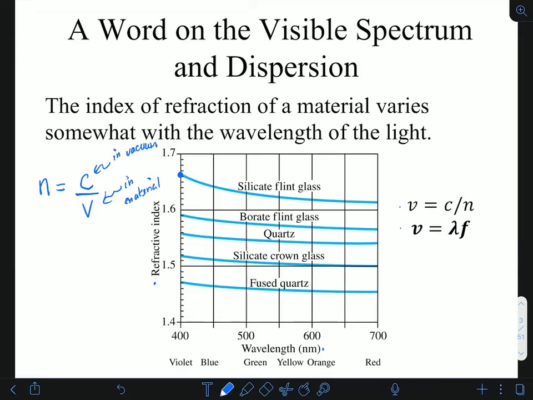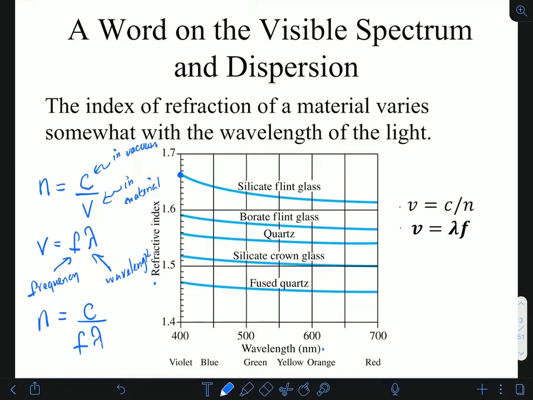And then I realize that the speed of light also is equal to the frequency times the wavelength. Then I can combine those and see that the index of refraction is indeed dependent on these things.